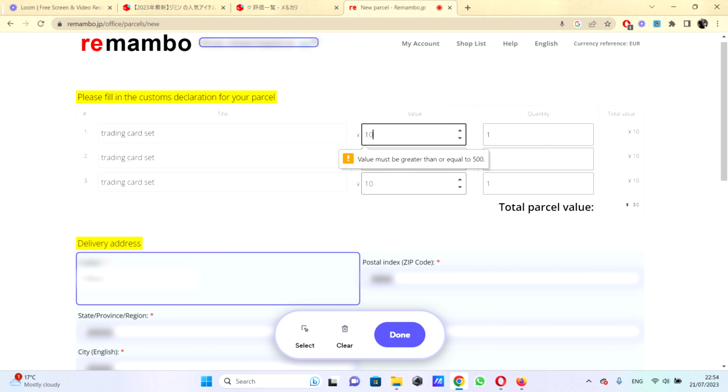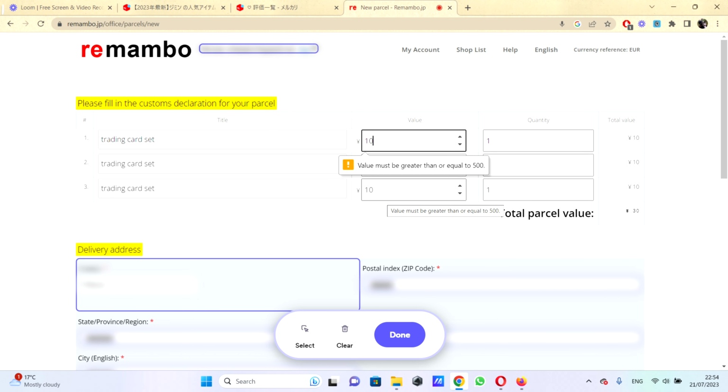Immediately, you get a pop-up that the value must be greater than or equal to 500. So it doesn't let you declare it super low, but if your items cost less or more than 500, that's great, we can lower it. So let's imagine we do 5, 10, 10, and 500.